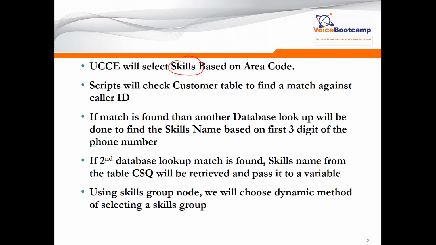So we have one database that contains the customer information and one database that contains only the area code and skills group name. If a match is found in the second lookup, a skills group name will be selected and that name will be dynamically applied to the skills group node. So using the skills group node, we will choose a dynamic method of selecting a skills group.